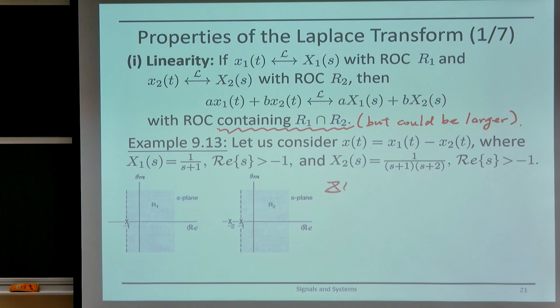So by the above property, we know that X of s is 1 over s plus 1 minus 1 over (s plus 1)(s plus 2).